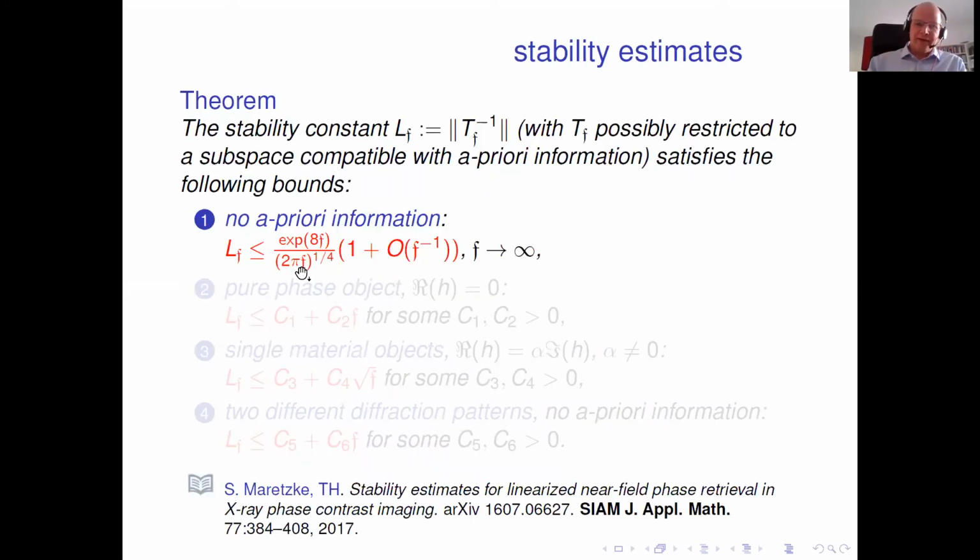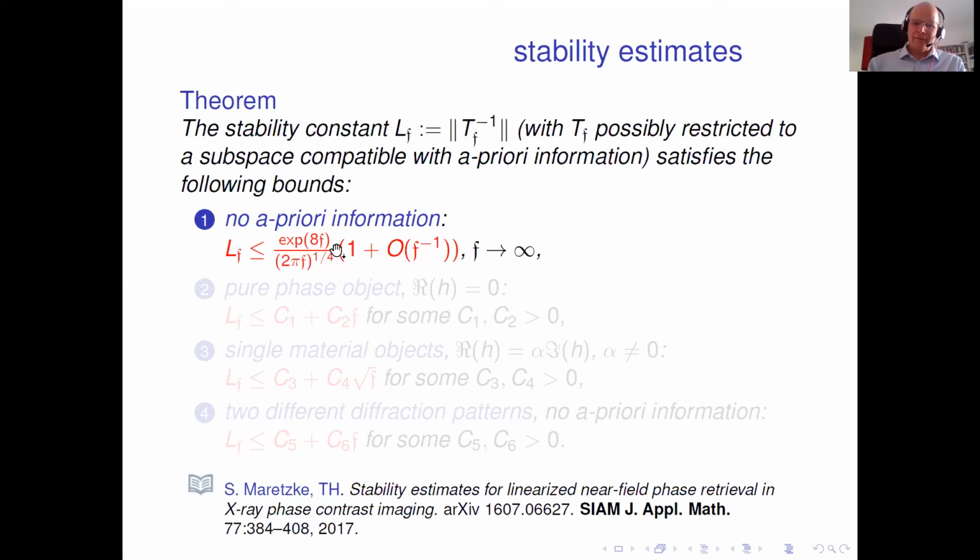Now we actually want to estimate the size of the inverse in terms of the Fresnel number, and there we considered several cases. The first was that we do not have any further prior information, and in this case, actually the stability constant, so the norm of the inverse operator, increases exponentially with the Fresnel number.